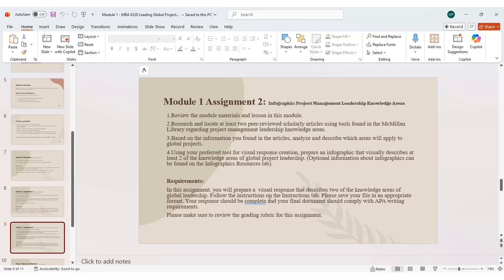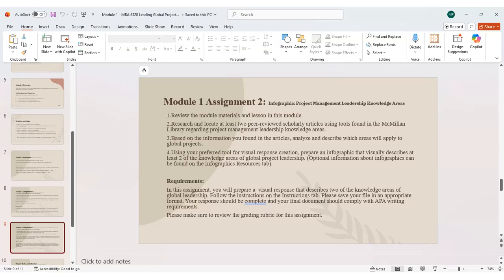Based on the information you found in the article, analyze and describe which areas will apply to global projects. Using your preferred tool for visual response creation, prepare an infographic that visually describes at least 2 of the knowledge areas of global project leadership.